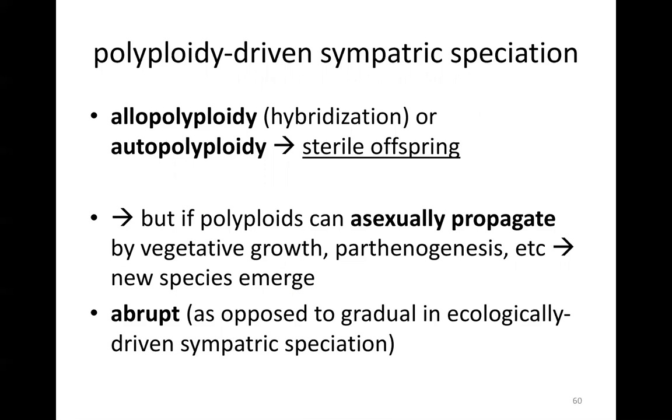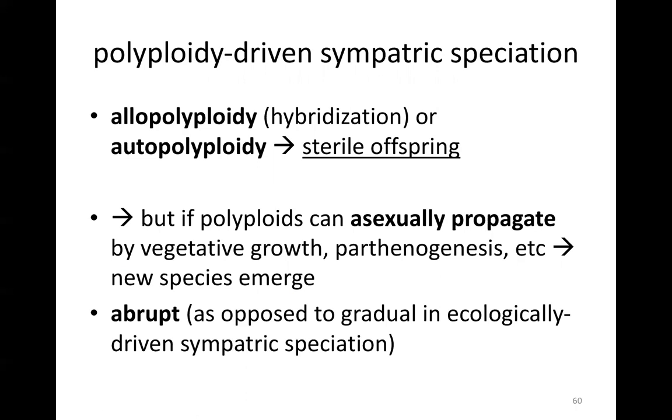The end result in general is sterile offspring or offspring with low fertility. But if polyploids can do asexual propagation, in plants this is very easy, as you know, but many animals, females can also asexually clone themselves. Parthenogenesis is one way of doing that. Then new species can emerge.